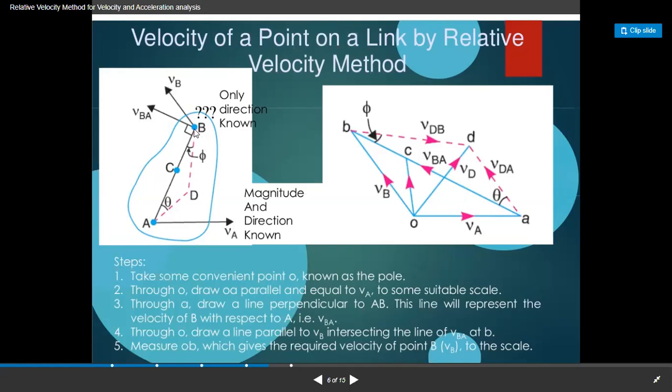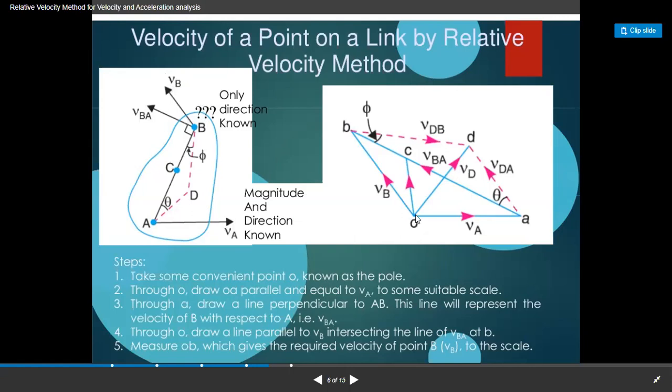Now the velocity of B is given, the absolute velocity of VB. This is not a relative velocity with respect to any other point. So we have to draw from the point O. O is the fixed point, and any velocity of another point with respect to O is called the absolute velocity.